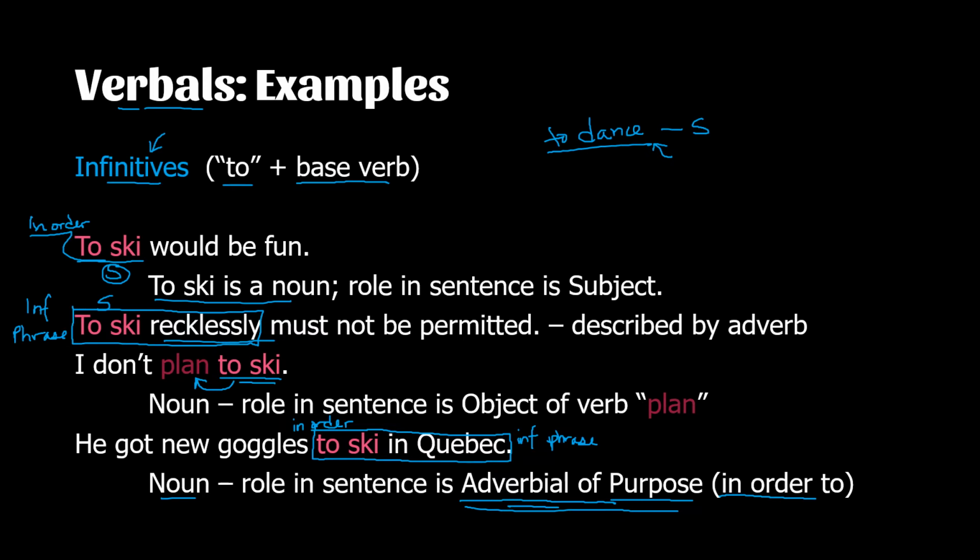Try to use it as the object of a verb. I decided to dance salsa. And try to use it as an adverbial of purpose. I went to the pub to dance with my friends. Or I went to the pub in order to dance with my friends. Try it yourself.